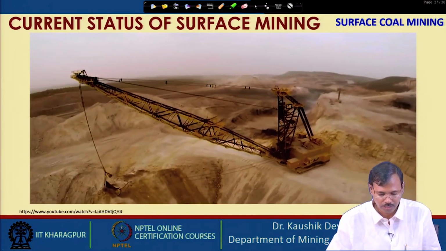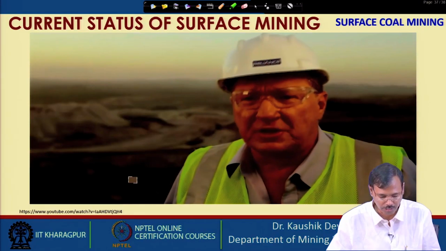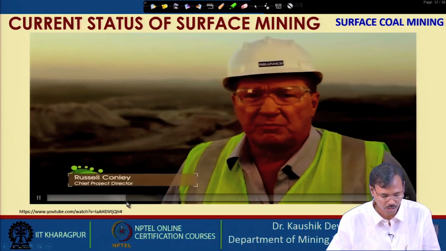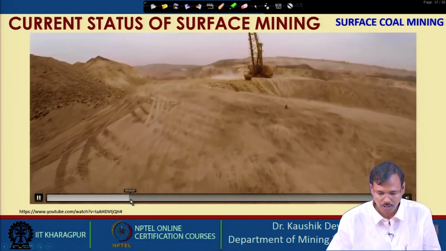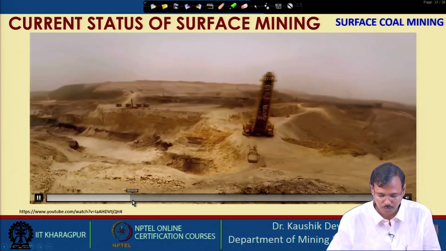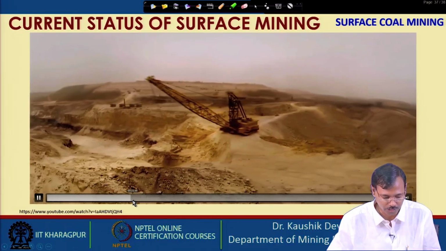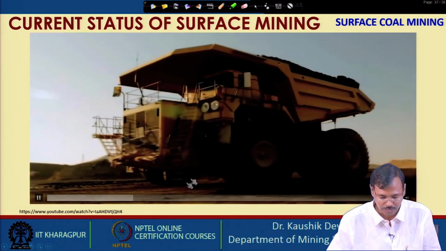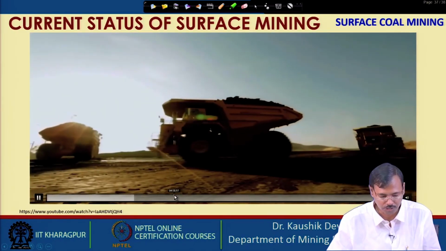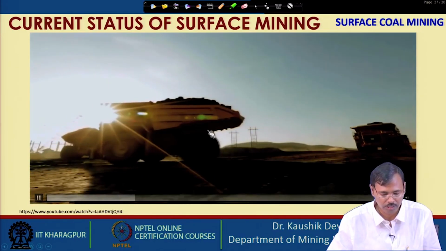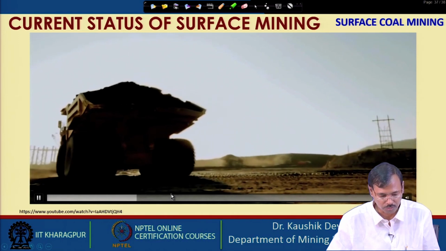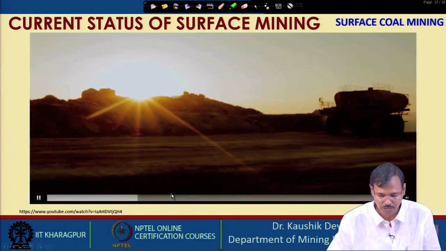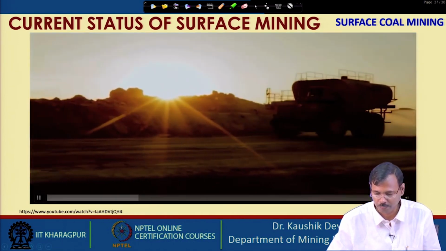You can see this machine is called a dragline, which has a wire suspended bucket. This is a dumper, which is carrying the material. You can see these are 240 tonner dumpers operating here.